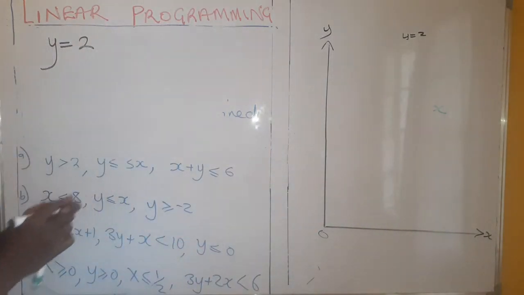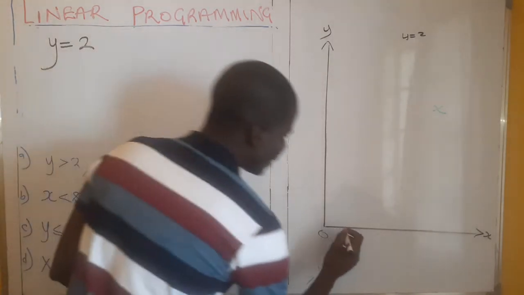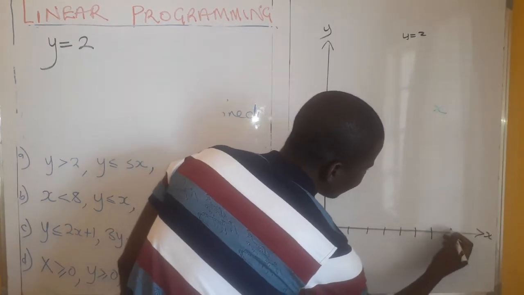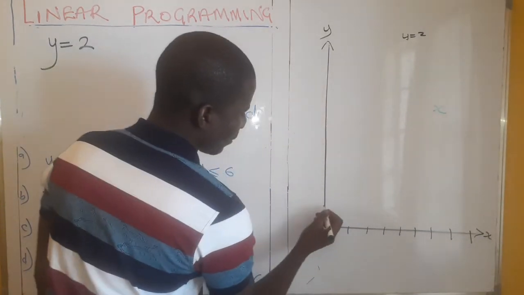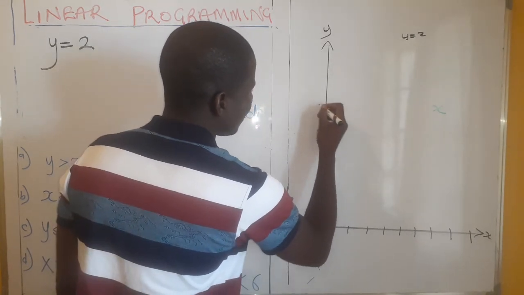So what am I saying? We take it that here we have got 1, 2, 3, 4, 5, 6, 7, 8. Here we also have 1, 2, 3, 4, 5, 6, 7, 8.